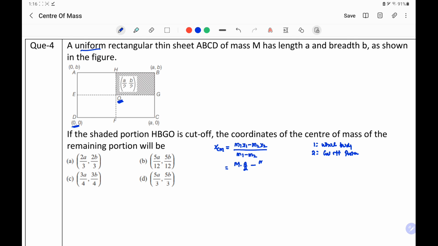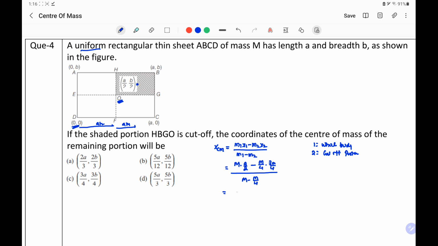So it is m by 4, and its position from the reference point D will be a by 2 and then a by 4. So it is 3a by 4, divided by m minus m by 4.